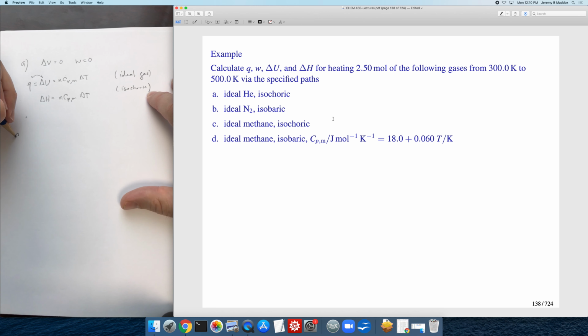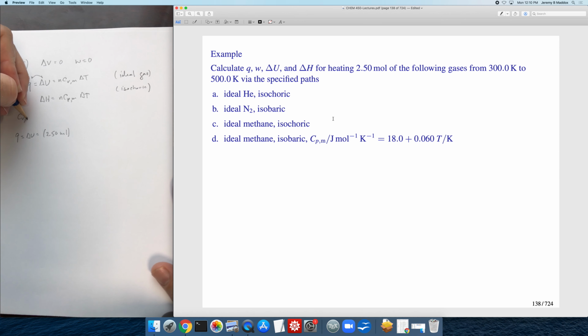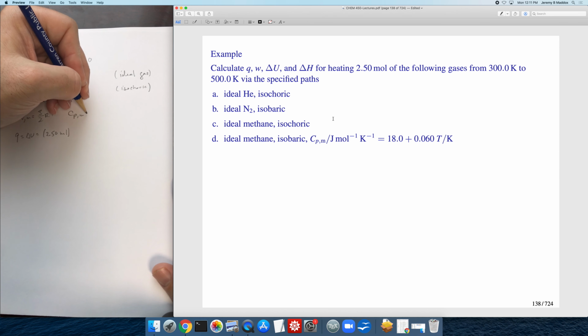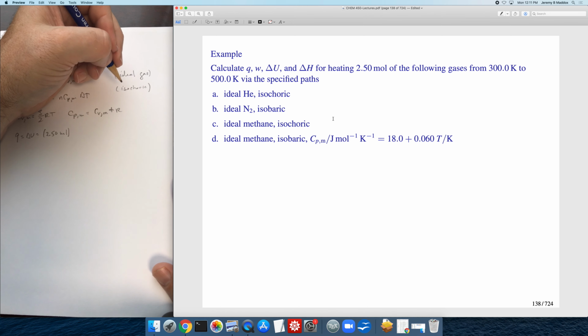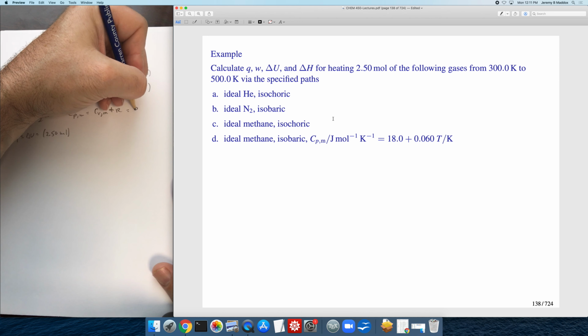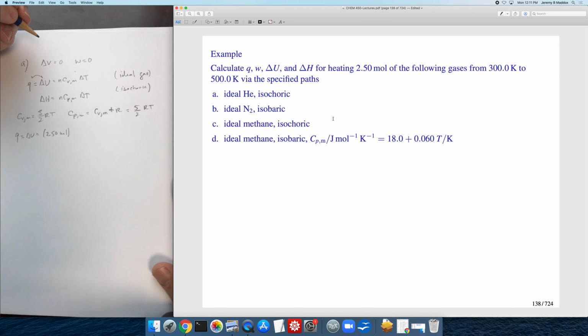Okay, so we can set these calculations up. We've got 2.5 moles. Let me define, before we get into that, the heat capacities. So for a monatomic ideal gas, CVM is 3/2 R, and CPM, which is equal to CVM plus R, will be equal to 5/2 R. So here's the number of moles.